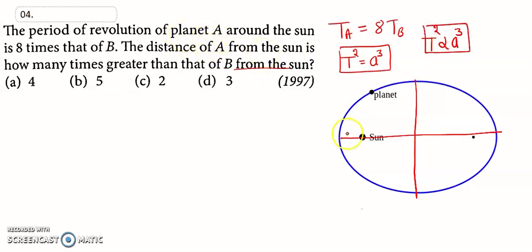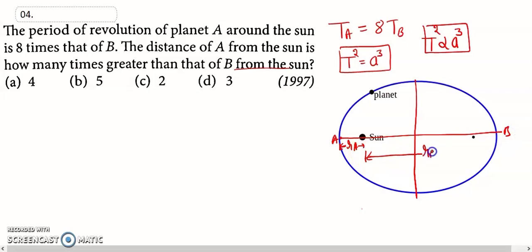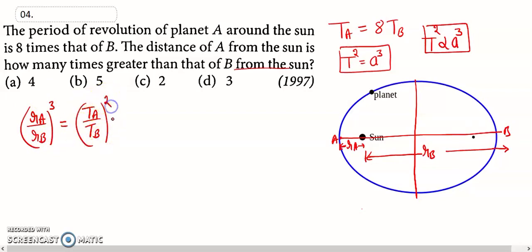Take A, so this is the distance RA, and for B, let's take RB. Now, (RA divided by RB) whole cubed is equal to (TA divided by TB) whole squared.